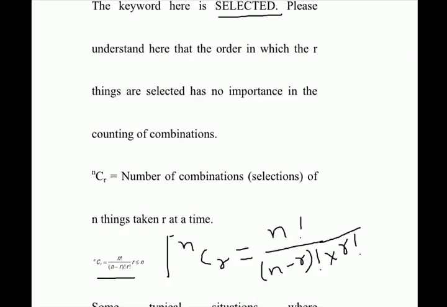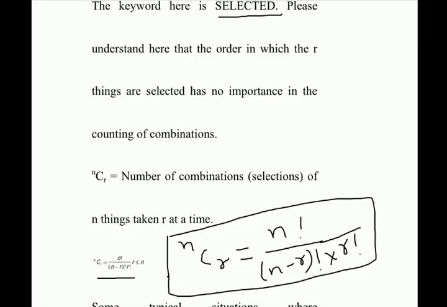This is the formula for calculating combinations. And of course this formula assumes that the number of things being selected is not greater than the number of things available to select, which is quite an obvious thing really.